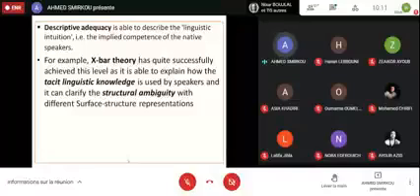X-bar theory has quite successfully achieved this level as it is able to explain how the tacit linguistic knowledge is used by speakers, and it can clarify structural ambiguity with different surface structure representations. So X-bar theory is both observationally adequate and descriptively adequate because it accounts for the native speaker's intuition, because it accounts for the structural ambiguity, and also it considers the tacit, the abstract linguistic knowledge.